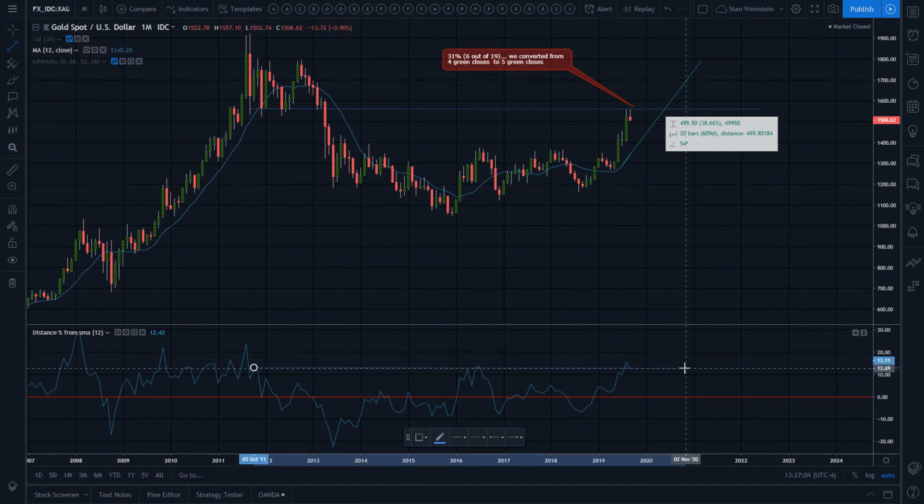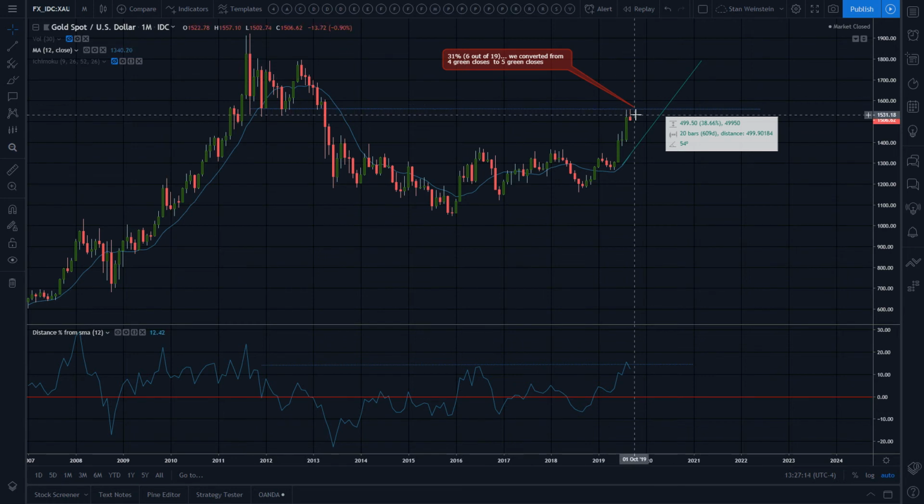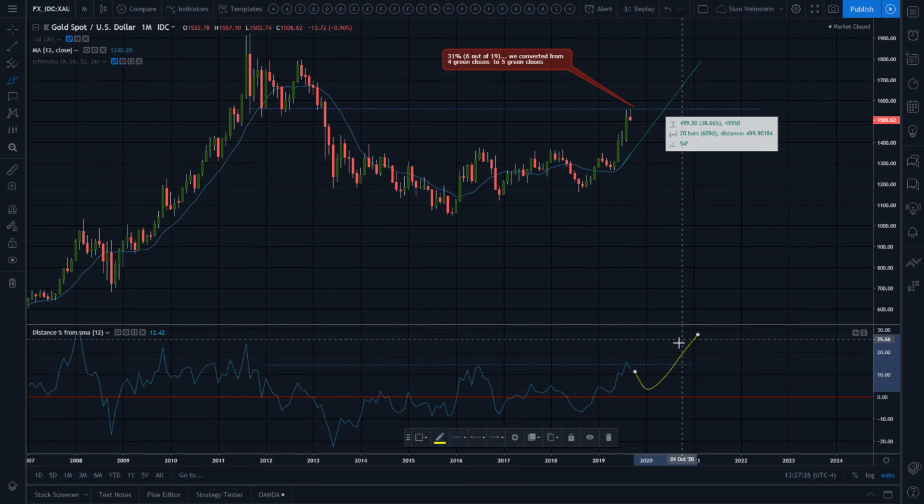Odds are we're not going to get that 33% and that 31%, and we're most likely going to be in that 69% that we're going to have a red candle here. Again, doesn't mean we're going to go a lot down, but you could manage your expectations that we're going to be sideways or pulling back slightly, letting the 12-month moving average catch up and make it healthier for you to get an entry right here.